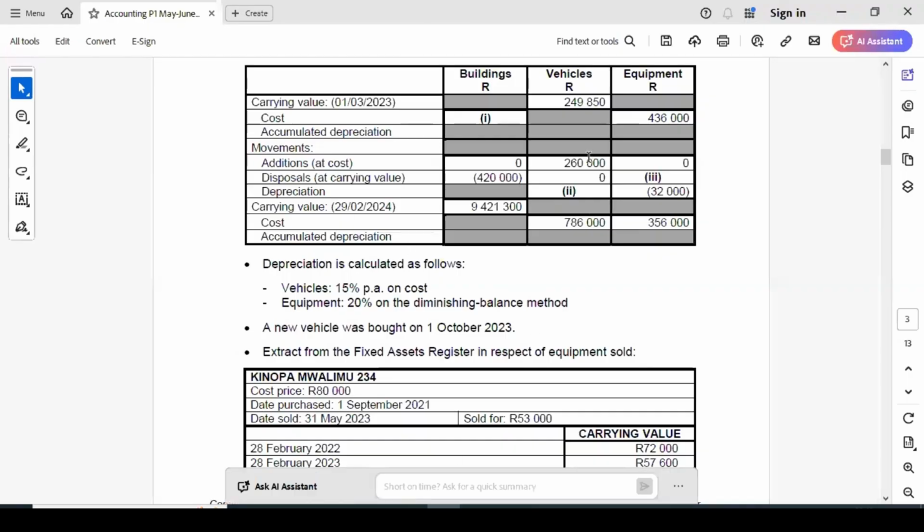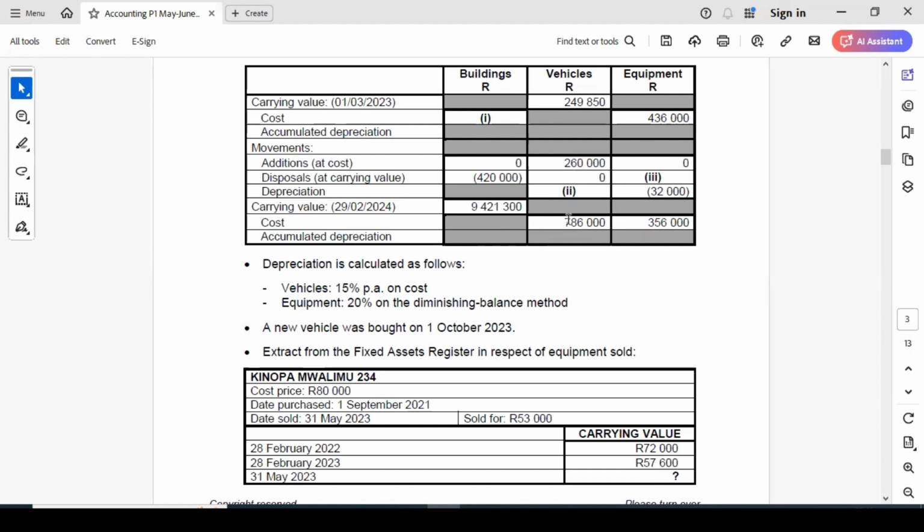So now we have to calculate how much was the depreciation for the old vehicle that we had in our company. So we're going to say 786,000 minus the addition, because we all know that to get this cost at the end of the year, we said cost at the beginning of the year plus the additions at cost, and we don't have disposals. We didn't sell any vehicle.